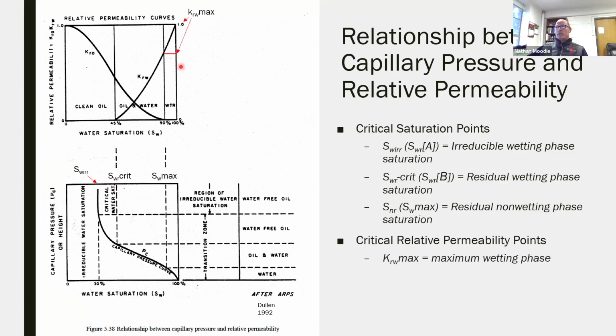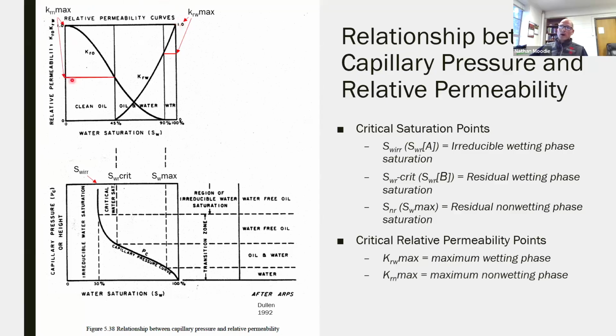Now to relate those to maximum relative permeability. If this is your maximum water saturation, then this is your maximum relative permeability in the two-phase flow area. Now, if you're able to dissolve out that gas over time, you can get to full unity and full maximum relative permeability of one.